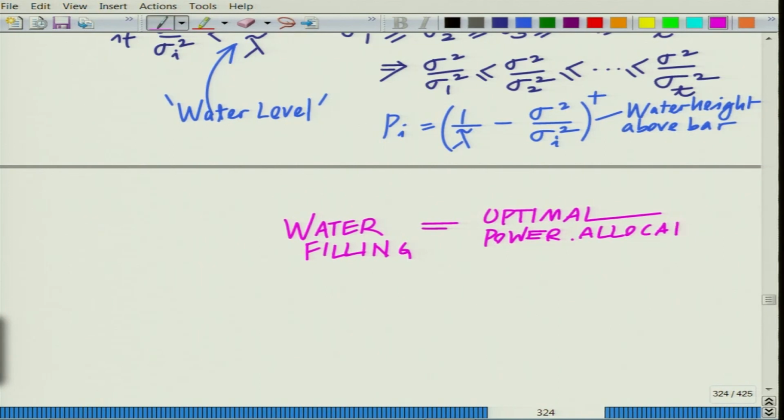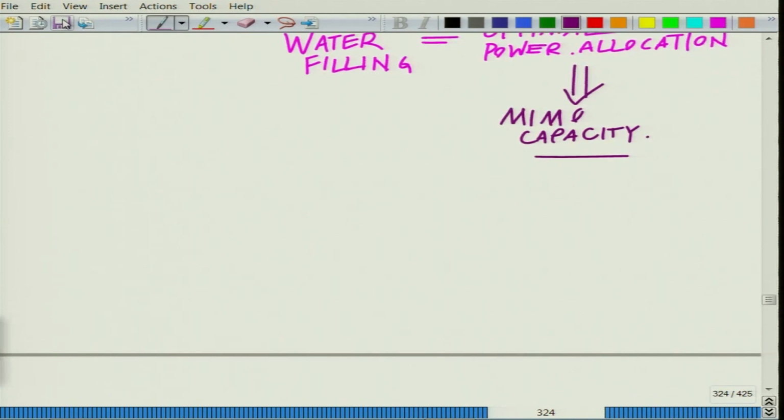This is for optimal power allocation, which implies this achieves the capacity of the MIMO channel. So, the water filling algorithm leads to optimal power allocation, which achieves the capacity of the MIMO channel. That is essentially how the SVD can be used to maximize the rate of the MIMO system.